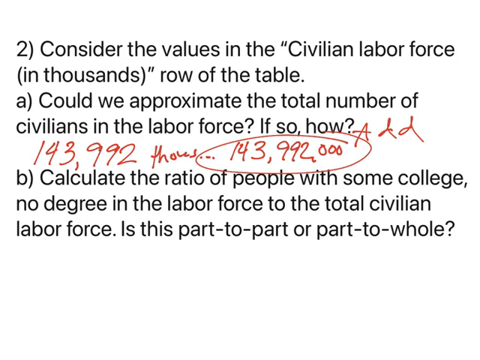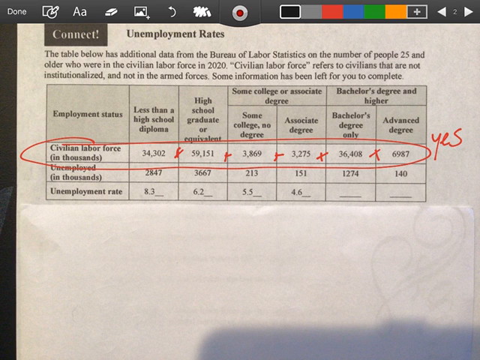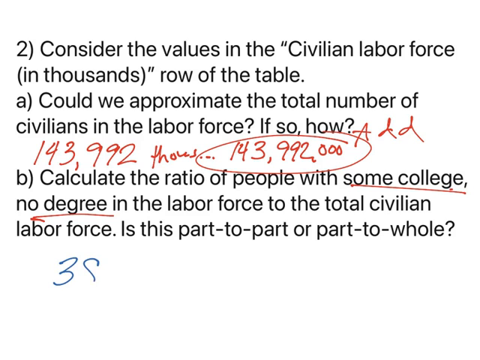Now, part B, calculate the ratio of people with some college, no degree, in the labor force to the total civilian labor force. Okay, so we're going to go some college, no degree. So 3869 all over 143,992.